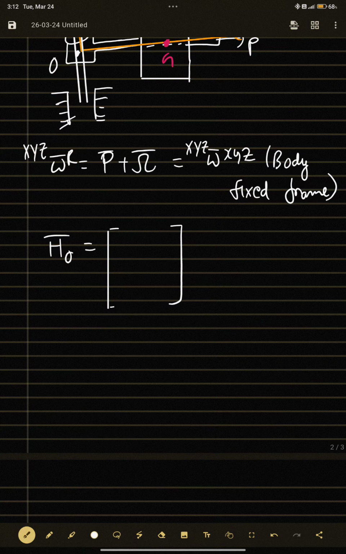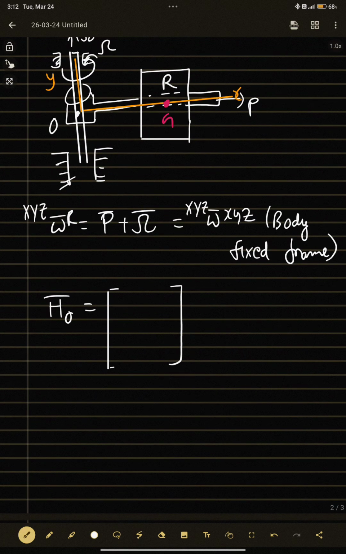So whatever you have about the centroidal axis, you have to use the parallel axis theorem to write angular momentum about this fixed point O. And then the angular velocity vector, which you can also write as P i and sigma j. So this will be P, this will be sigma.